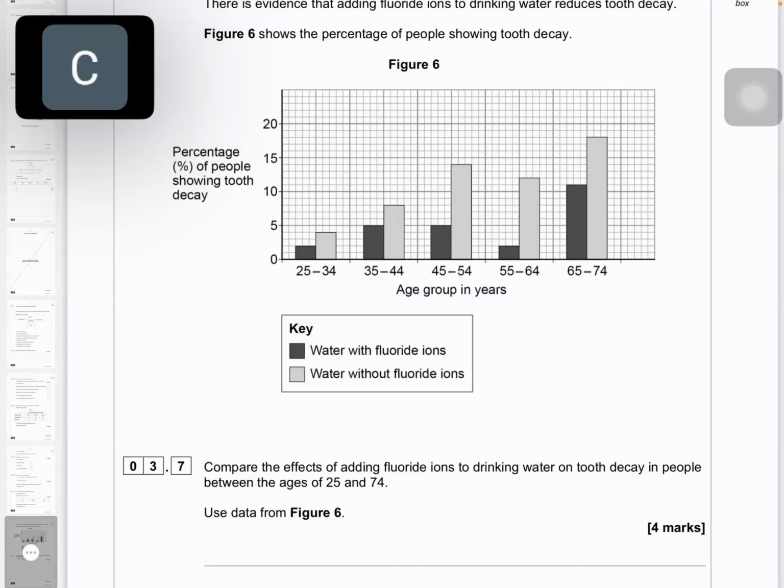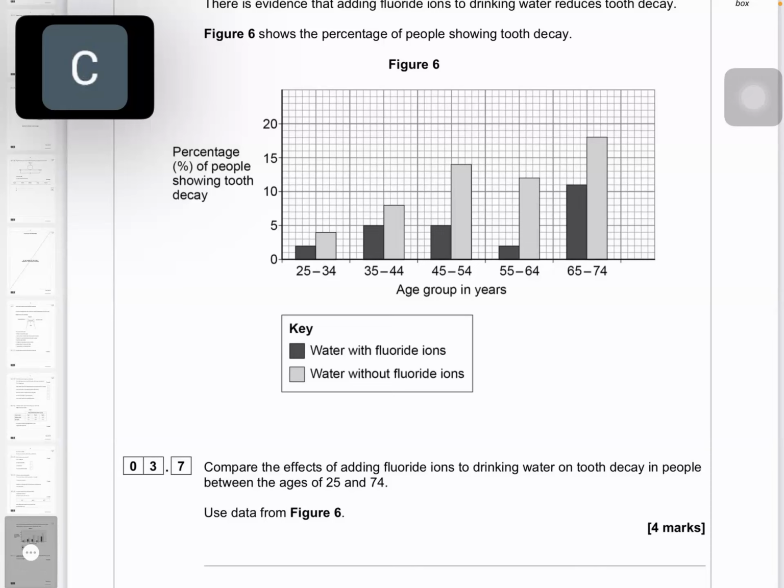So the fluoride reduces the decay. Hello. Can you hear me? Yeah, I can hear you now.